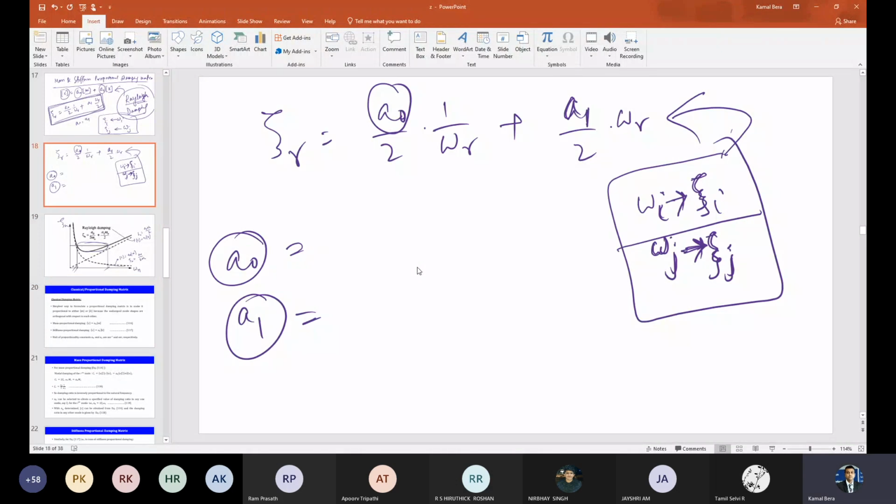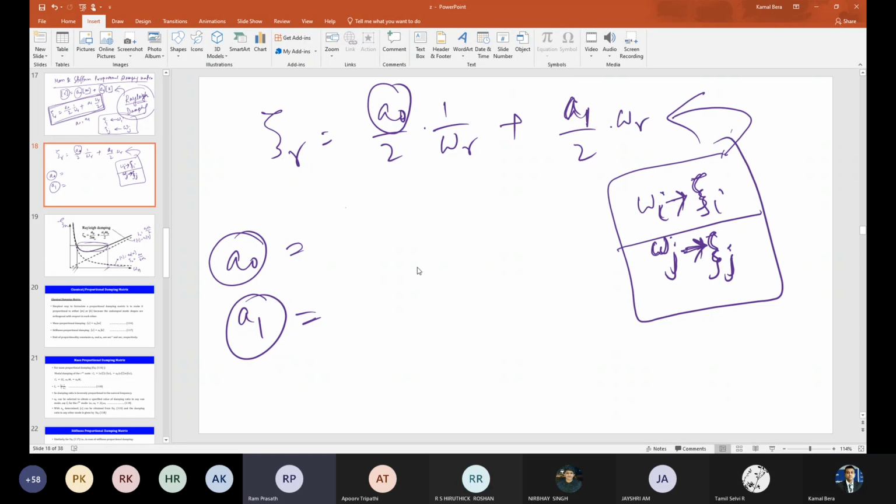What is A naught, A1? I got A1 as 2 into (omega i zeta i minus omega j zeta j) by (omega i square minus omega j square). Can you please tell me again? A1.